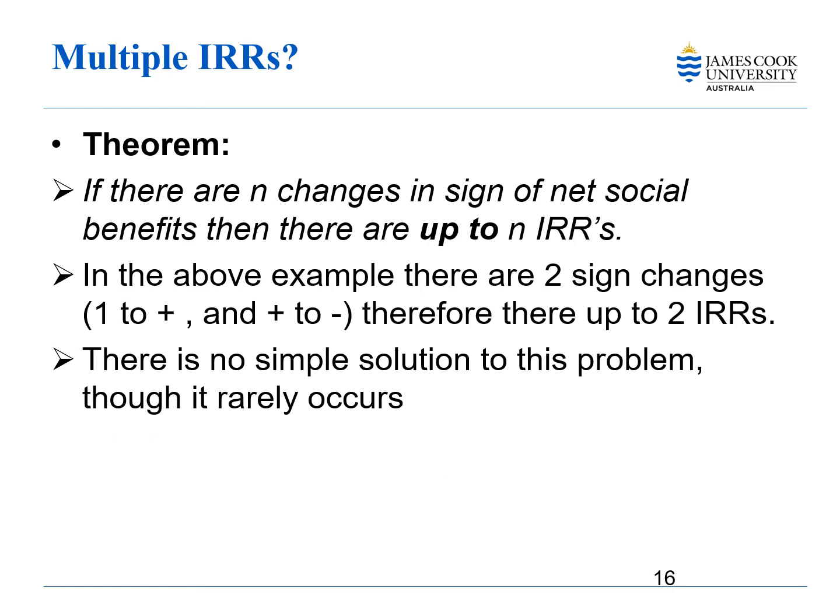Okay, so if we have n changes in the sign of net social benefits across the years, then in principle we can have up to n solutions, n levels of IRR, n solutions to the equation of NPV.